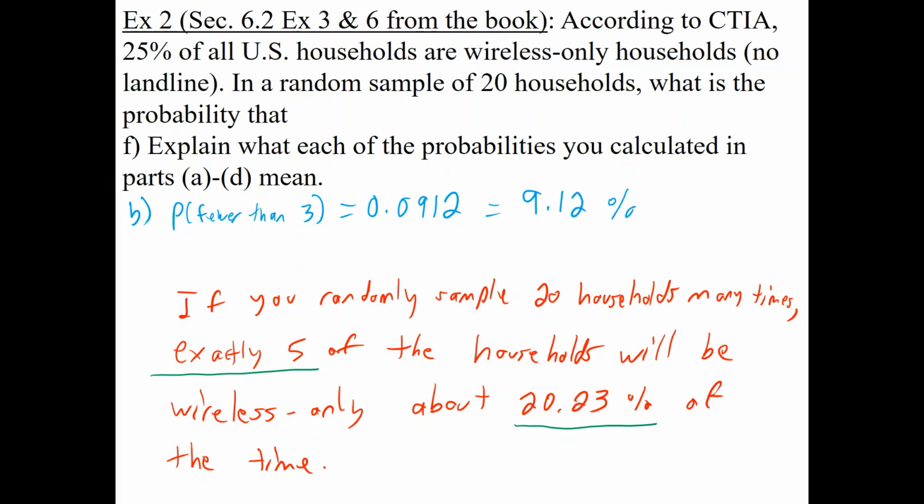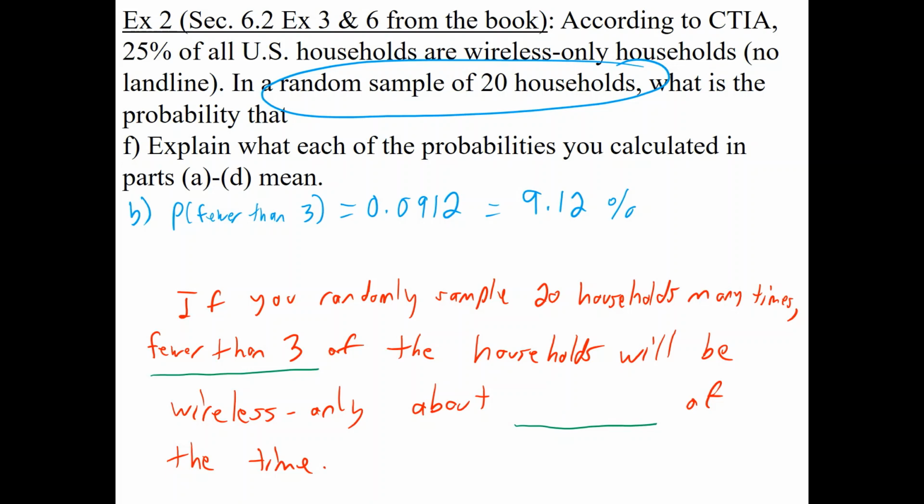So if I ask you what this probability means, remember again, you have to do this many times. So if you randomly sample 20 households many times, the first line is right. For the second line, not exactly 5 will be wireless only. Fewer than 3 will be wireless only. So fewer than 3 of the households will be wireless only, about 9.12% of the time. Just the 2 underlined things are going to change for all these. The rest of it's the same.